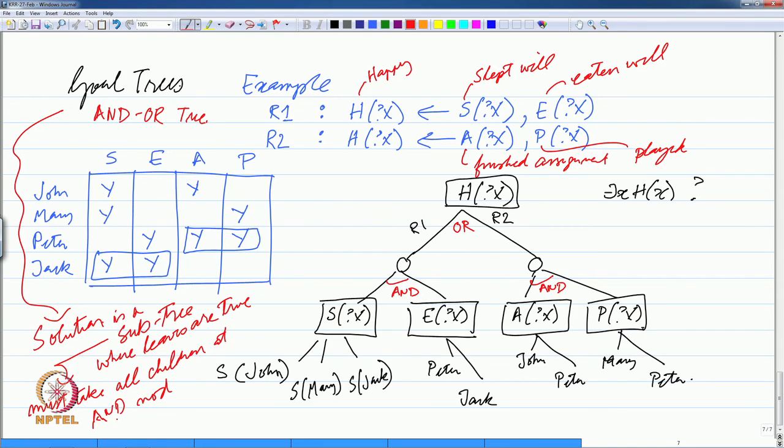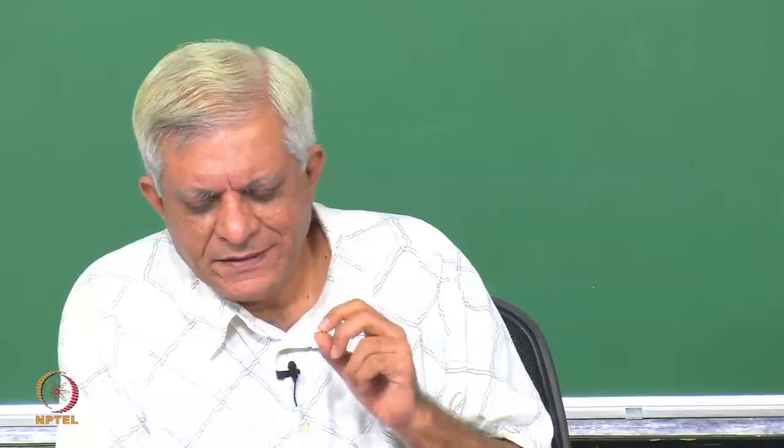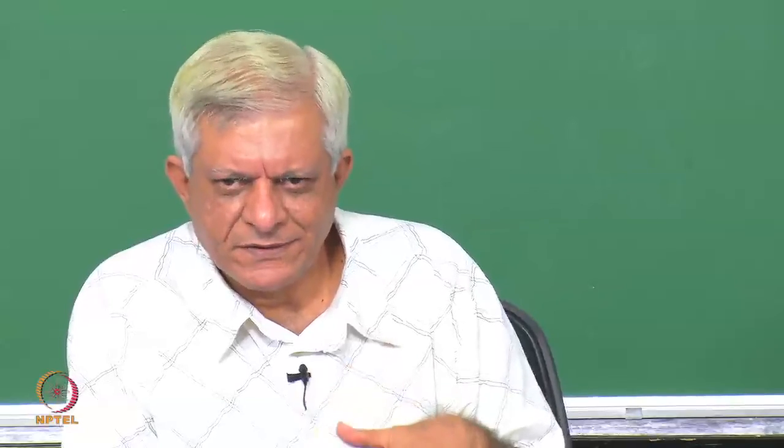You must take all children at AND node and one child at OR node. Such a subtree is a solution tree. The leaves must be labeled with true formulas, and at every AND node you must have taken all the children, and at every OR node you must have taken one of the children. So, you can see that there are two solutions here.